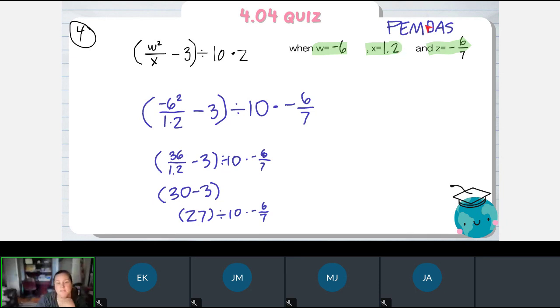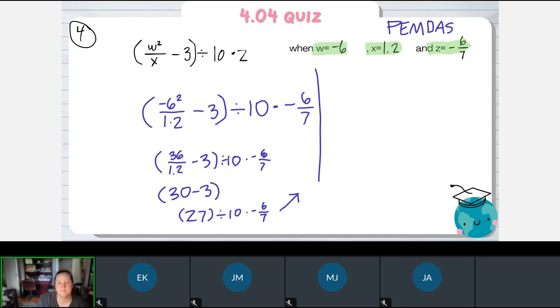PEMDAS tells me that multiplication and division are next. And when you have multiple multiplication and division, you just go in order from left to right. Okay, so we're going to do 27 divided by 10. Somebody tell me what that equals. Yep, 27 divided by 10 is going to give you 2.7. Or what mixed number would that be? Because remember what I told you, you don't want to use decimals here because your answers are not going to be in decimal form.